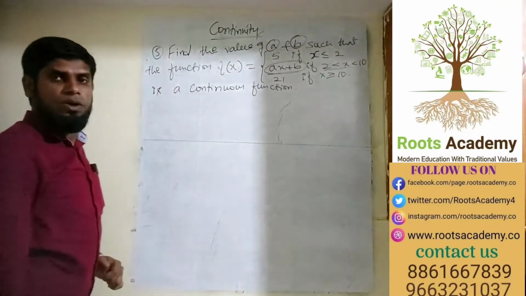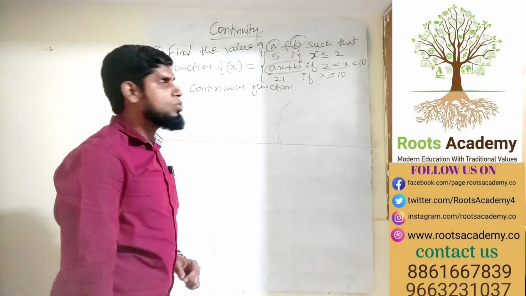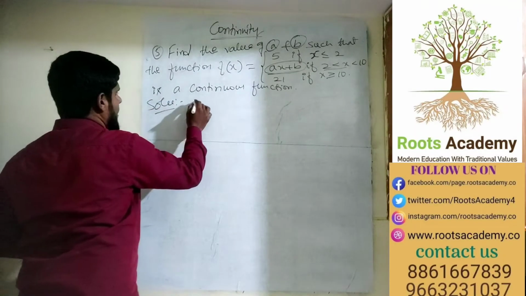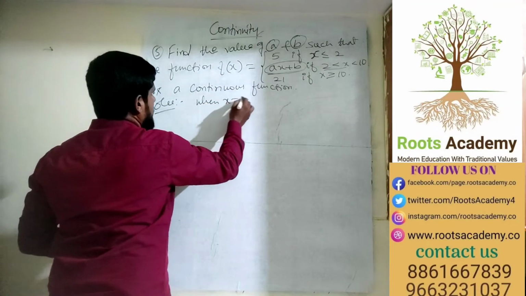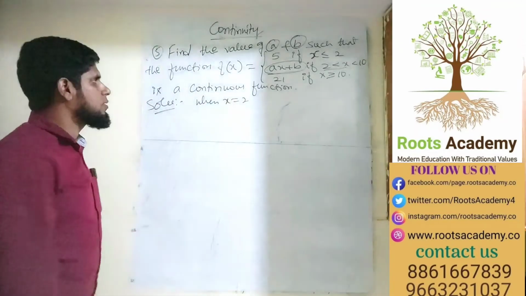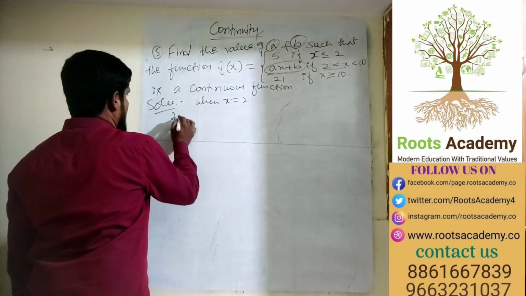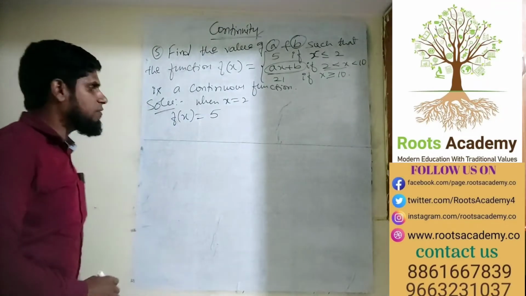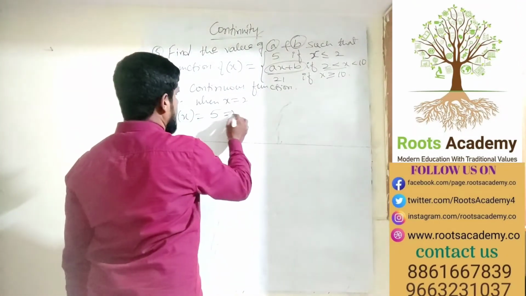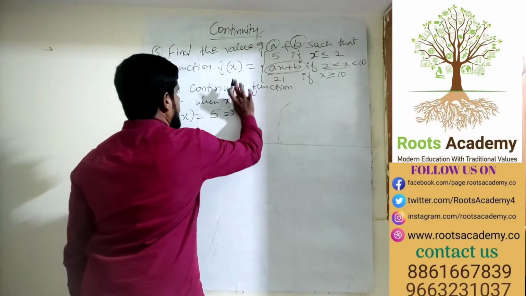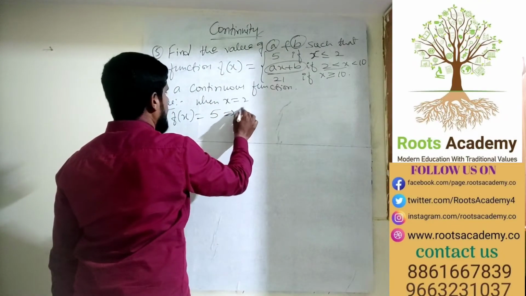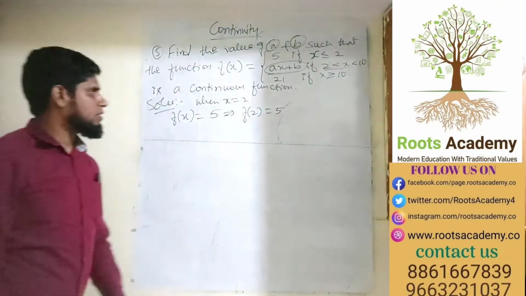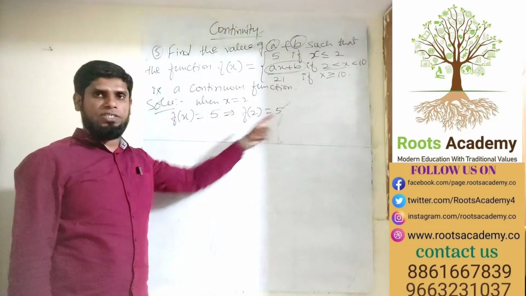So first let us take when x is equal to 2. When x is equal to 2, f of x is simply 5. If I put x equals 2 here, that is f of 2, the answer is still 5, because it is a constant function.